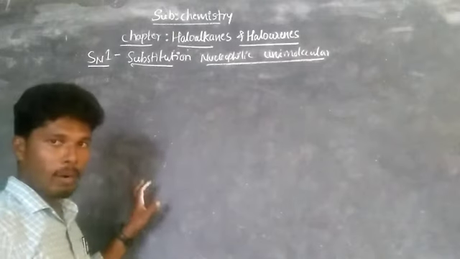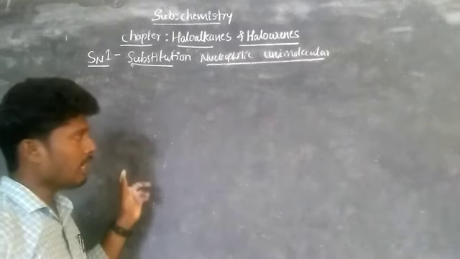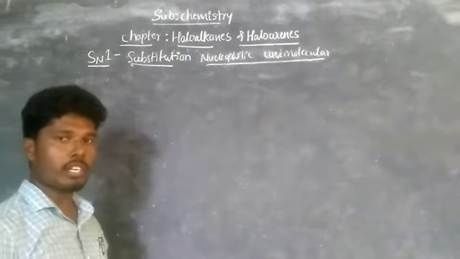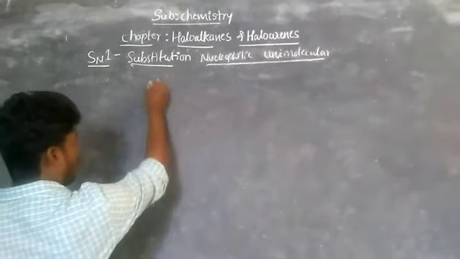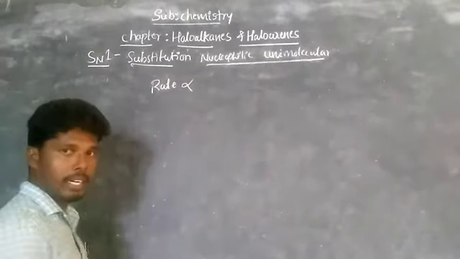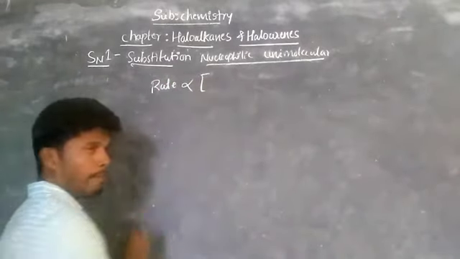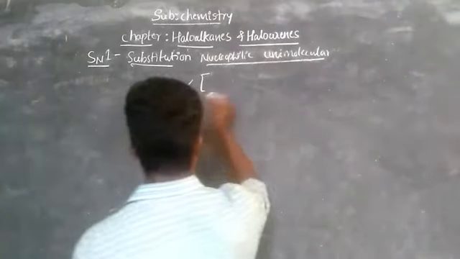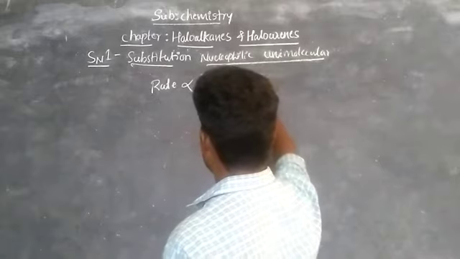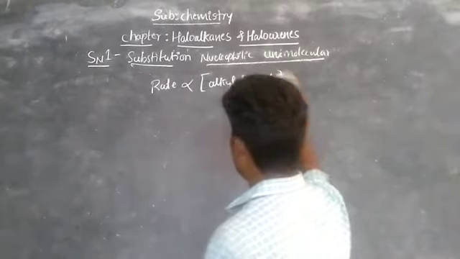In the mechanism of SN1, I told you the first step of the mechanism is the only rate determining step. Therefore, for SN1, the rate of the reaction is directly proportional to the alkyl halide, independent of nucleophile.